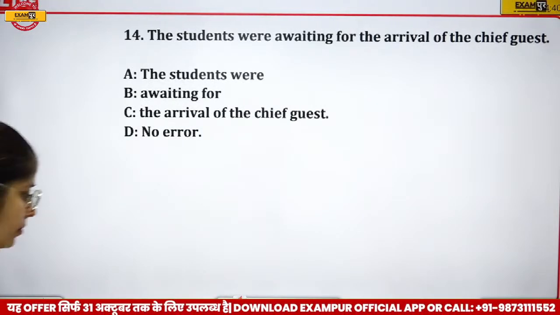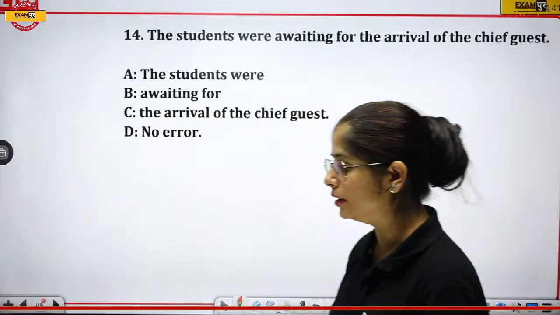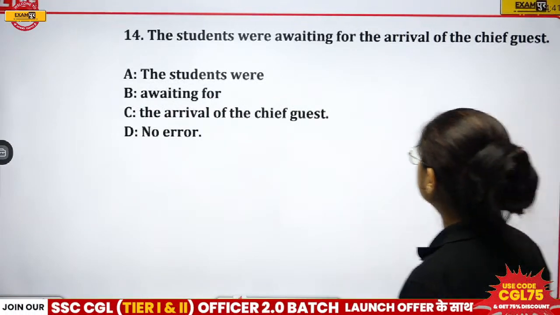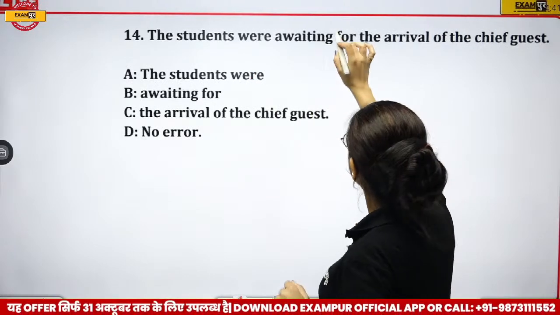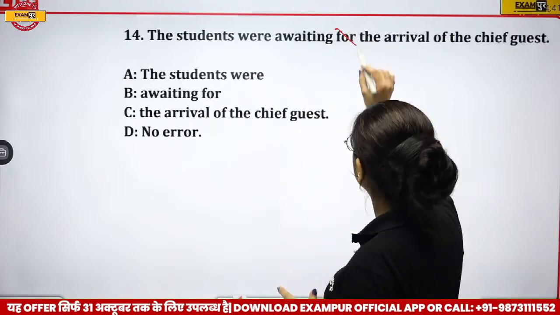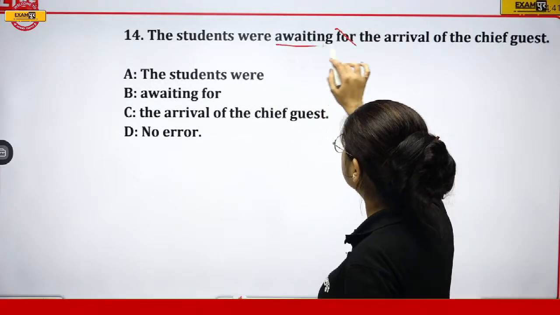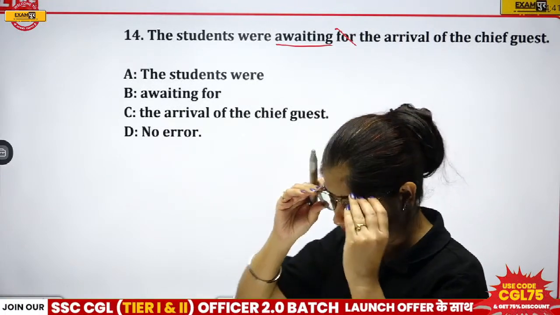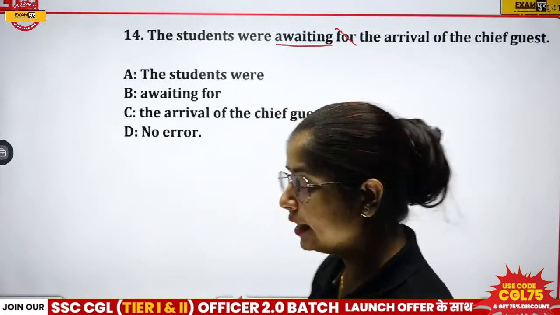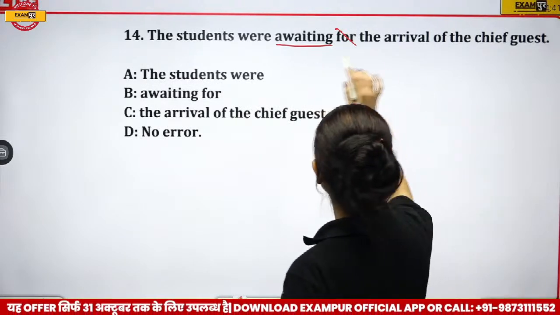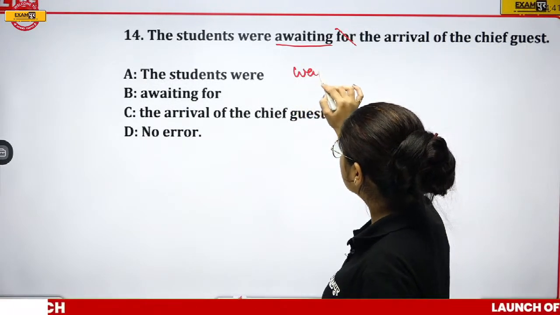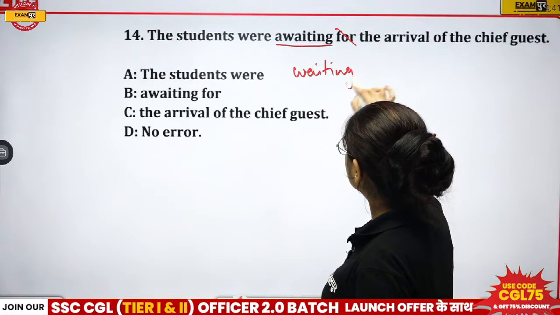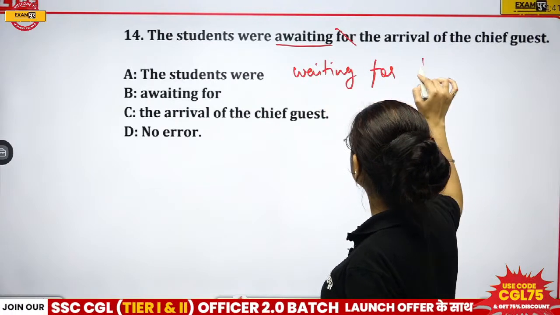Okay. Now, understand this thing. Here, the students were awaiting. This sentence can be made in two ways. Either you can say awaiting the arrival without adding for, because this is an transitive word, which does not need any preposition. Either you can say the students were awaiting the arrival of the chief guest, or you can say the students were waiting for the arrival.